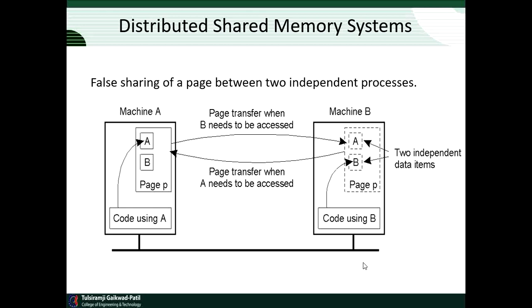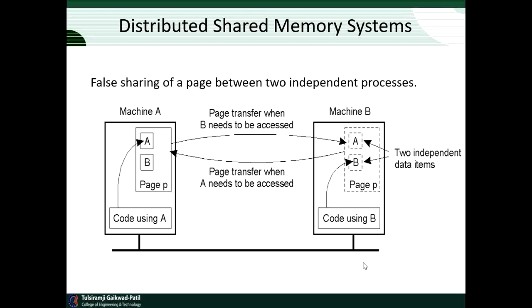Machine A is having page P, and machine B is also having the page P. Both sides have code, like on machine A, code using A, and 2 independent data items are available at machine B, that is A and B. That page is P and code using B is given here at machine B.